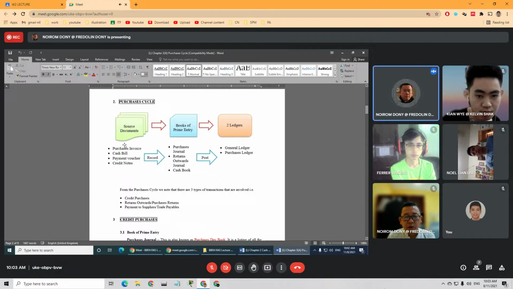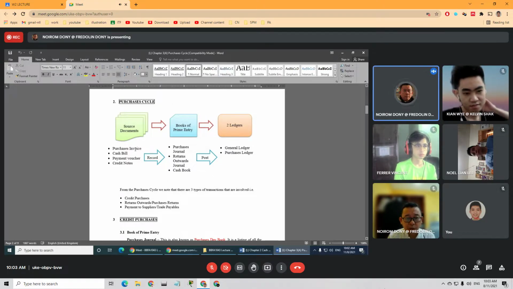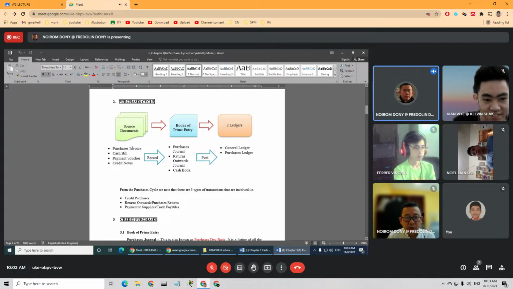So for the source document, you will have a purchases invoice. A purchases invoice indicates credit purchases. So for credit purchases, the prime entry will be the purchases journal. If you receive a purchases invoice, you have to open up the prime entry, the purchases journal.